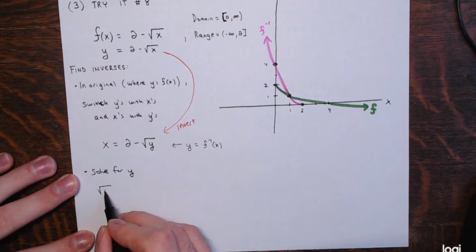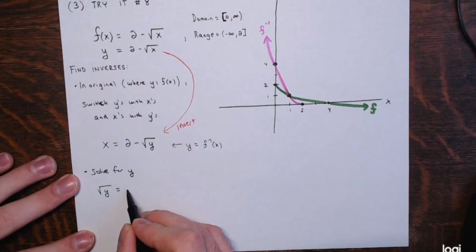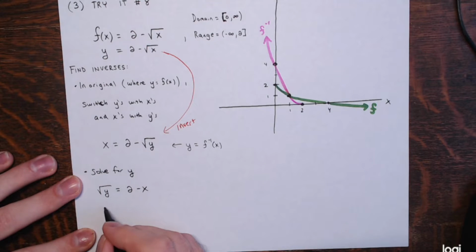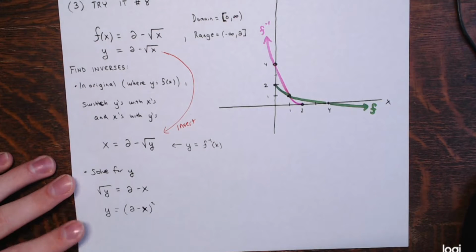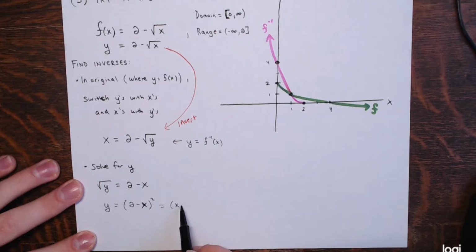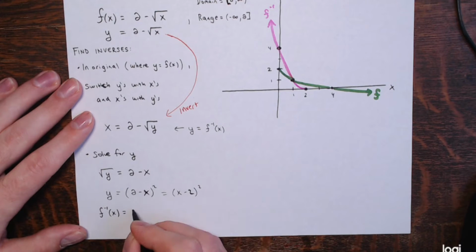So we get the square root of y equals 2 minus x, or negative x plus 2. Then square both sides. y equals the quantity 2 minus x squared, which is really the same as the quantity x minus 2 squared. Now this is f inverse. f inverse of x is, I'll just use the x minus 2 squared.